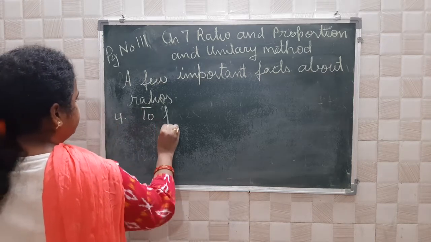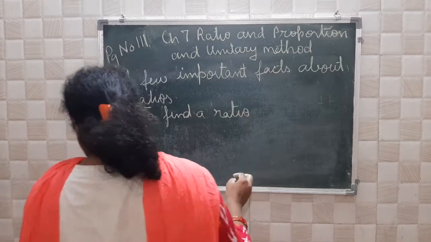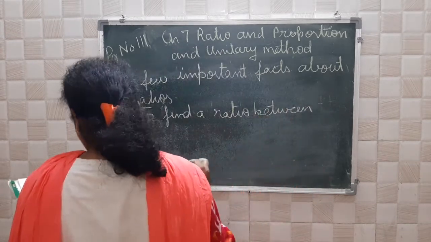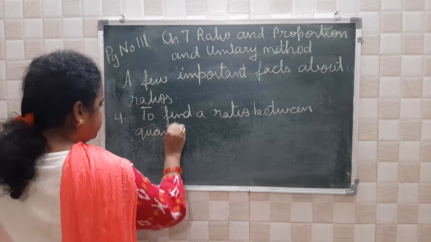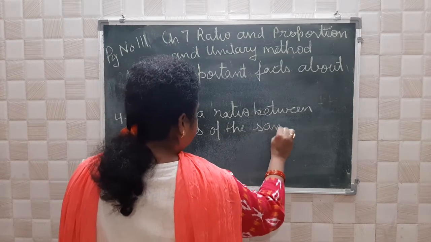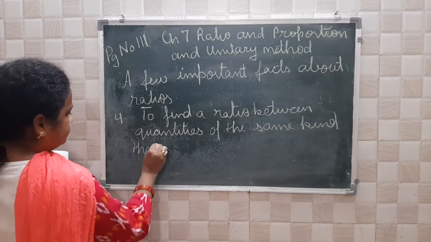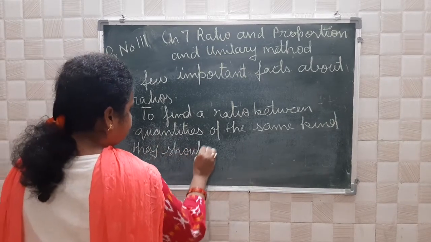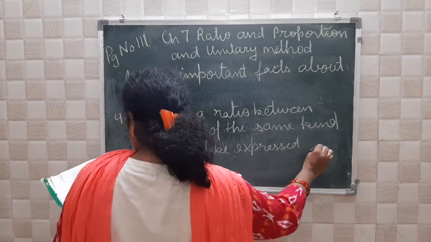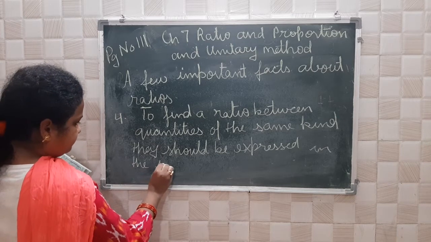Now, fourth point. To find a ratio between quantities of the same kind, they should be expressed in the same unit.